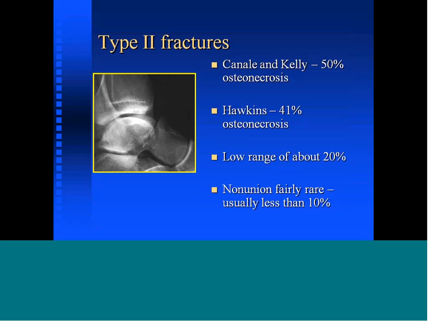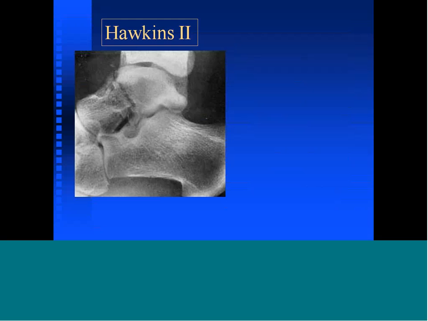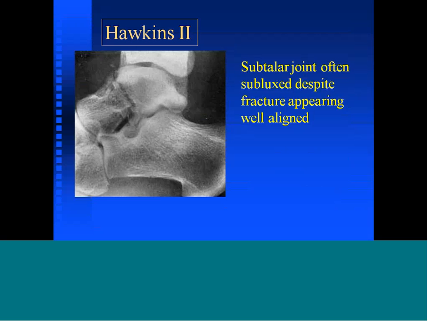Fortunately, non-unions of this fracture are fairly rare with appropriate operative intervention, and the non-union rate is usually reported somewhere less than 10%. Now, this is a standard Hawkins variety. You'll see that neck fracture there with the subluxation through the subtalar joint. What's interesting is a lot of these type 2 fractures, the subtalar joint subluxation may be more obvious than the displacement of the fracture.